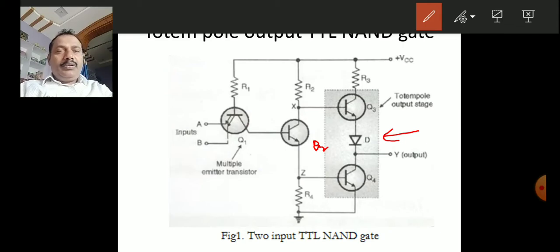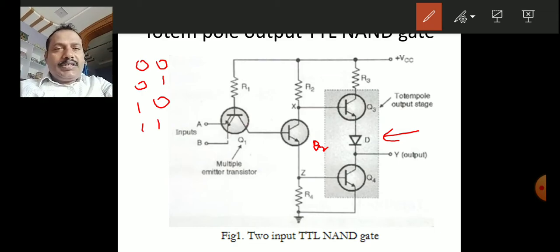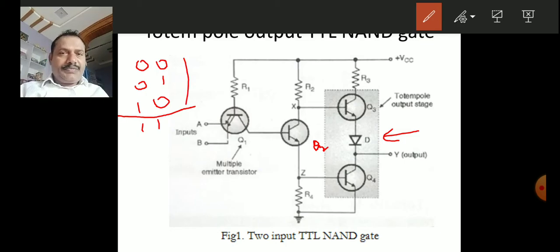For example, when the inputs are 0 0, 0 1, 1 0, 1 1. So let us take these three configurations first: combinations 0 0, 0 1, 1 0.